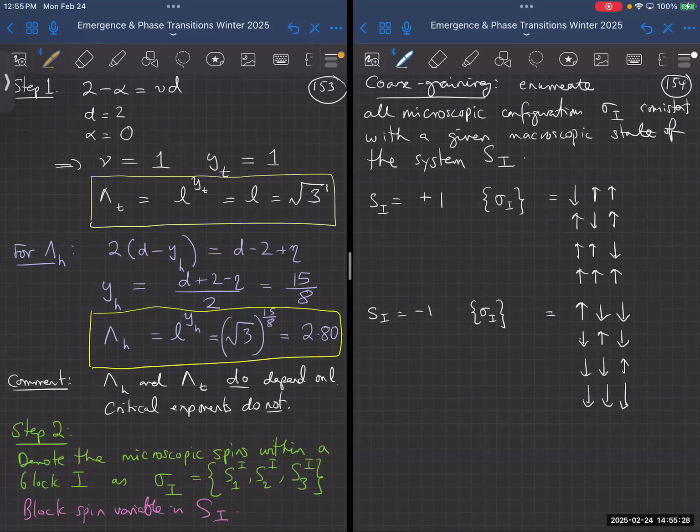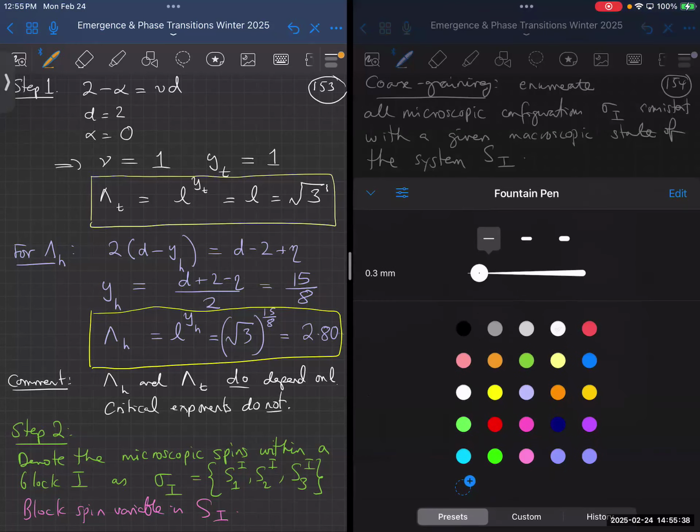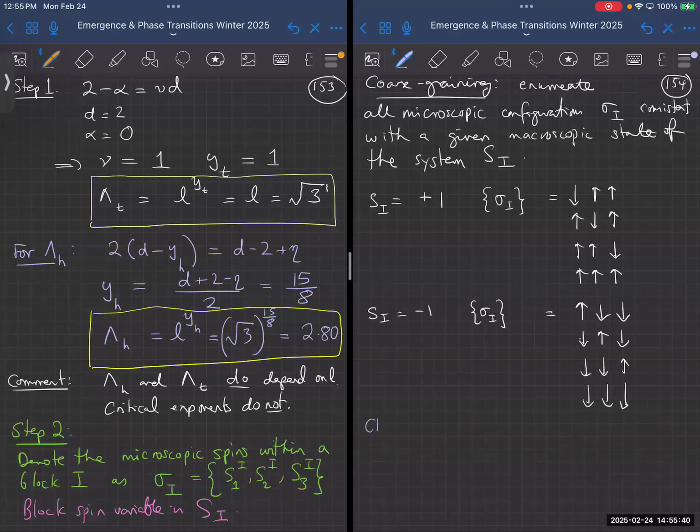If you give me a block spin value, those are the microscopic configurations that are consistent with that. So let's just do a quick check to make sure that we have not lost any degrees of freedom. Do we have the right number?